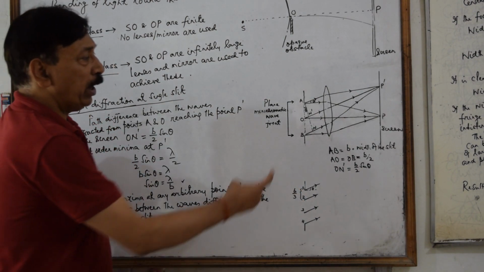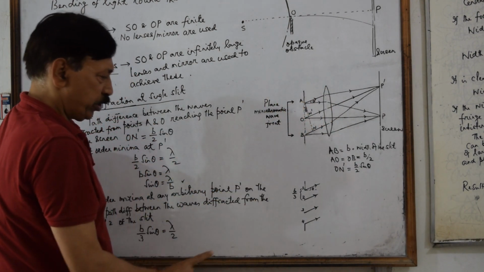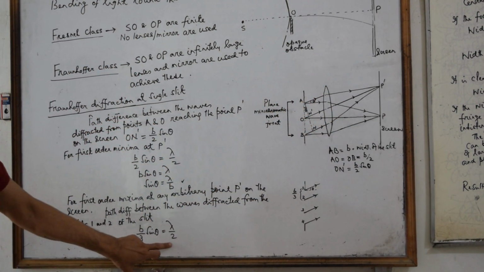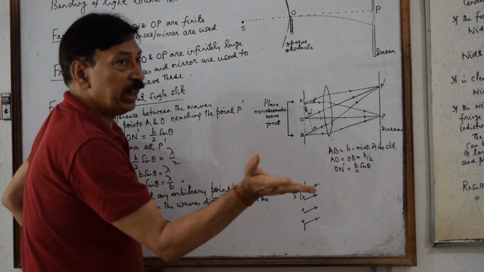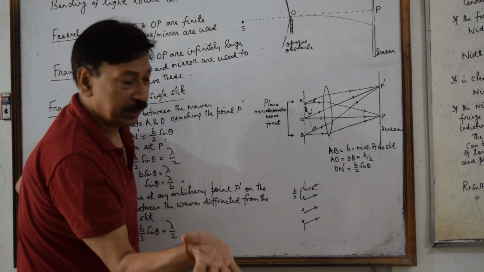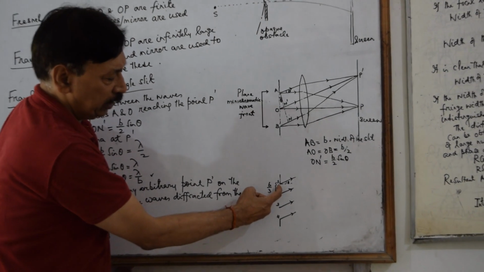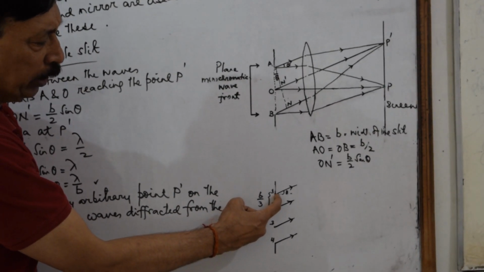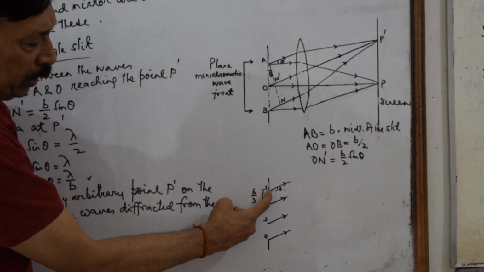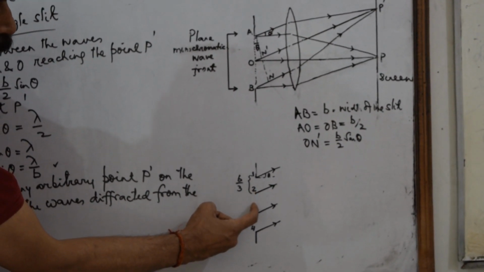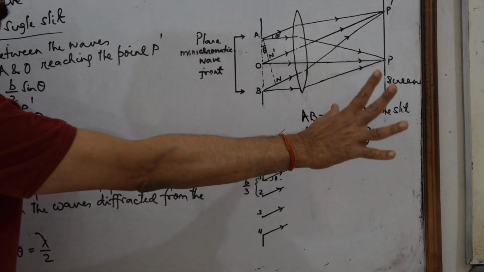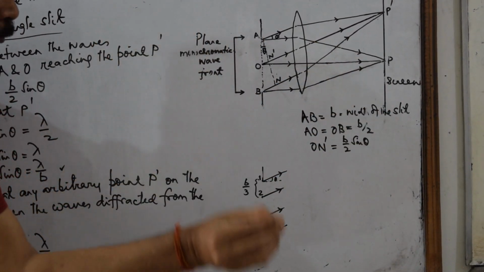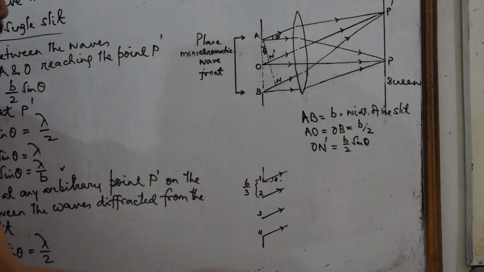And for minima at the point P prime, we should have b/3 sin theta equals lambda/2. Now we can extend the similar explanation that the waves diffracted from the different points in the first part of the slit and the corresponding points in the second part will reach point P prime and produce minima, as the path difference is lambda/2.